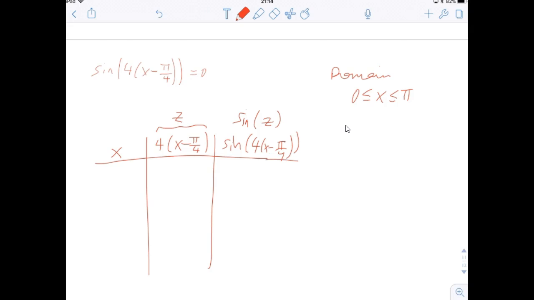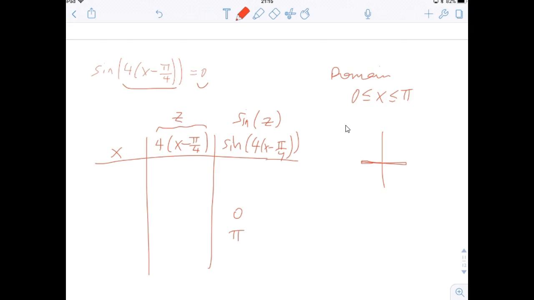And of course, we want the angles, these z angles, which give us a sine of 0. And the first part you're going to do is draw a unit circle, and figure out what are the angles which give you a sine of 0, and we know that that's this triangle here and this triangle here, so that's basically 0 degrees and 180 degrees, 0 and pi, 0 and pi.